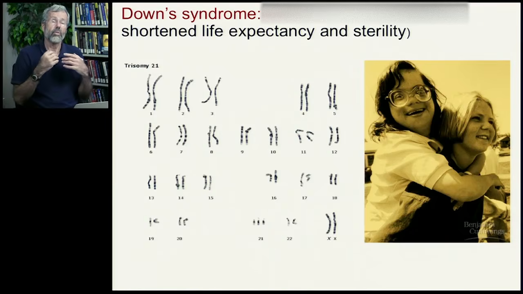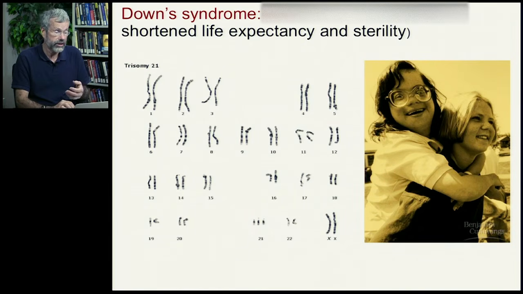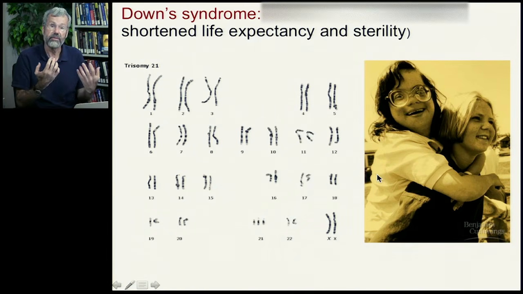And one of the most widely appreciated of these genetic disorders is called Down syndrome, which involves severe mental retardation, shortened life expectancy, and sterility. And there are certain rather conspicuous facial characters of children who have Down syndrome.